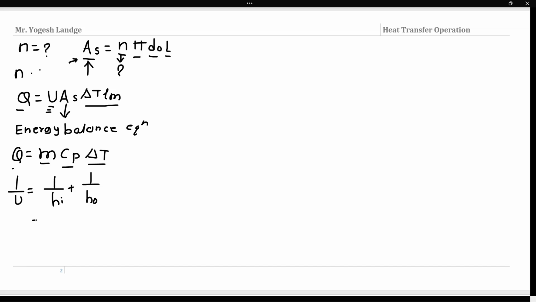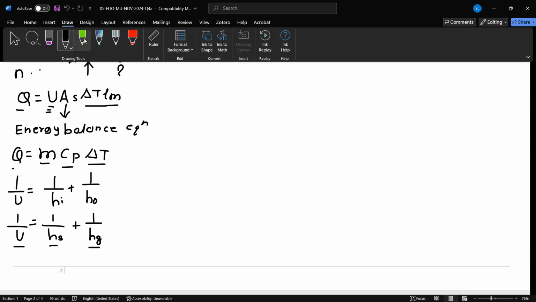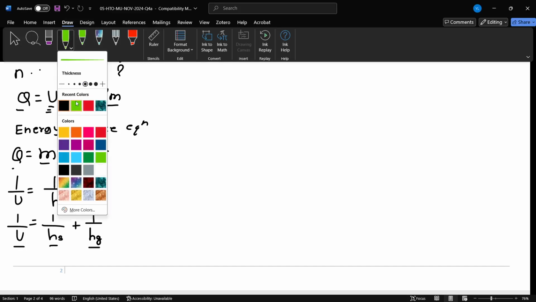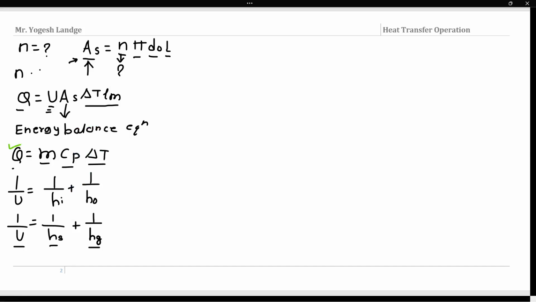Either we can write 1 upon the heat transfer coefficient for the steam plus 1 upon the heat transfer coefficient for the gas. With these two values, I can easily calculate the value of U. Now with this formula I can get the value of Q, and from this one I can get the value of U.